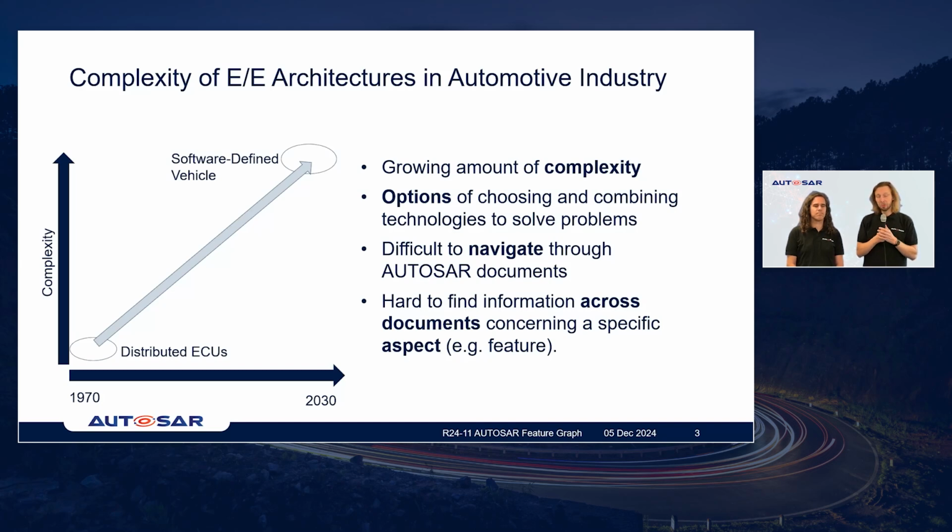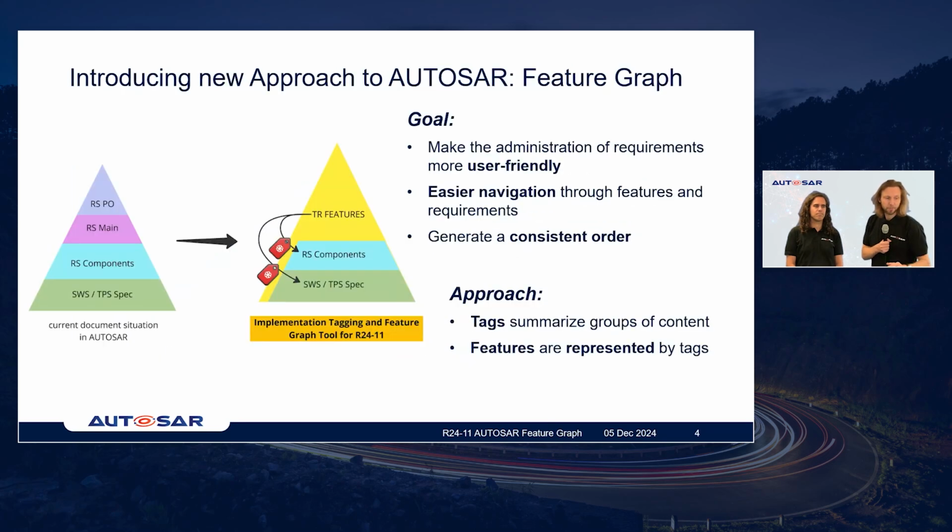For example, if you look for a certain aspect, it's getting quite difficult to find what you're searching for. To give you an idea of the current situation, we have multiple layers of information, starting with the specifications, then the requirements level.